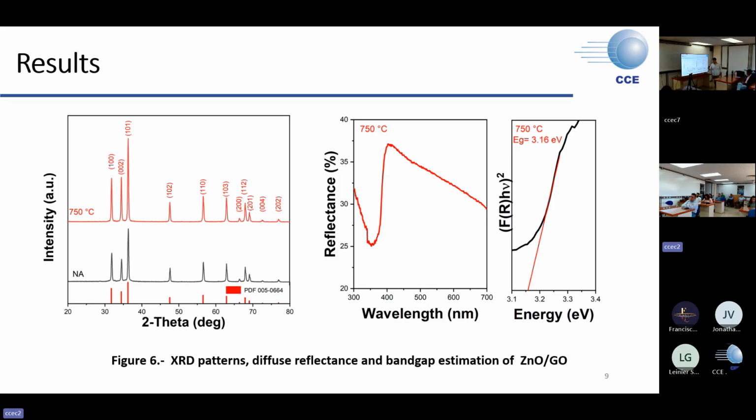The condition was this, and as you can see, the only thing that changes by XRD is that the crystallinity of the material increases. We estimate the band gap by the Kubelka-Munk function from the diffuse reflectance. And as you can see, the band gap is around 3.16, which is smaller than the conventionally reported.